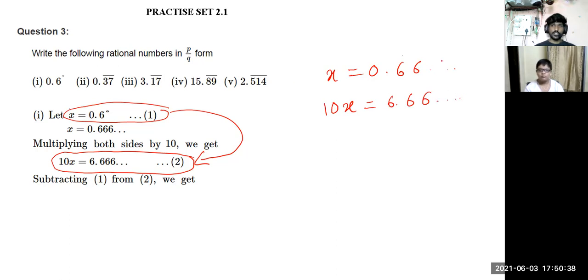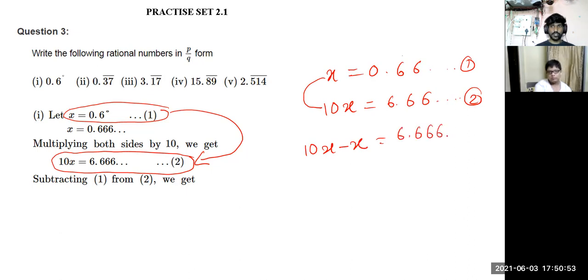So this is 1, this is 2. I'm subtracting 1 from 2. That means you're doing 10x minus x on the left hand side, and on the right hand side, 6.666 minus 0.666. Did you understand this? Yes. Okay.